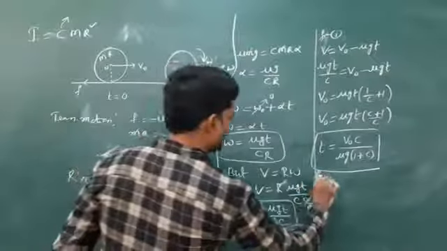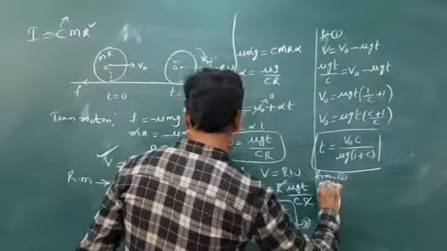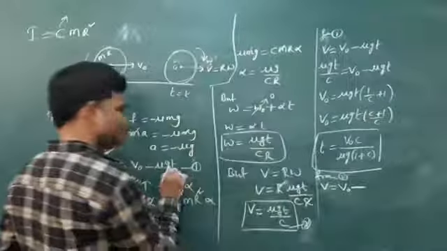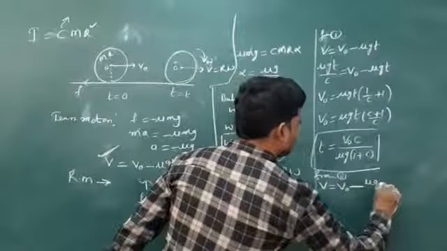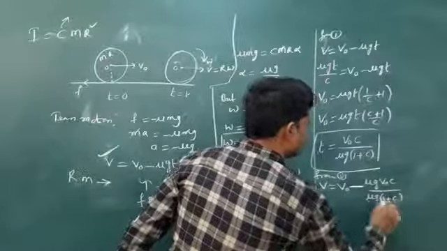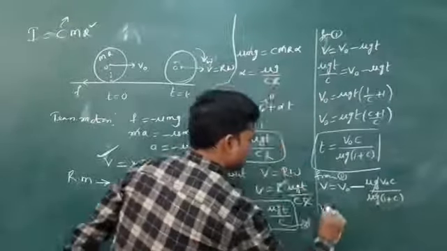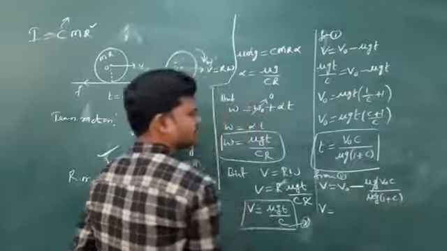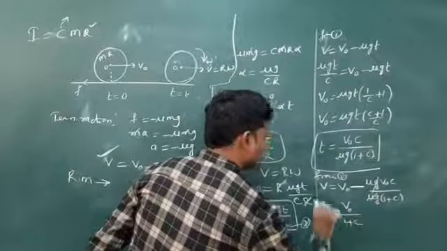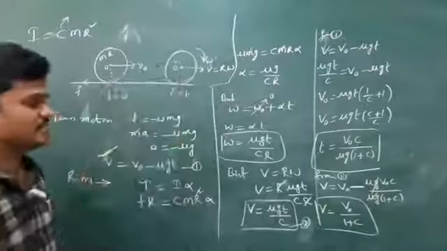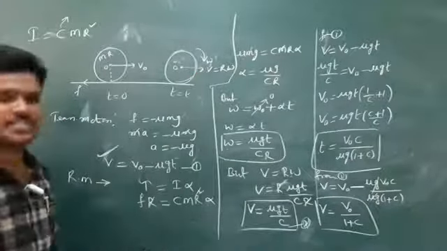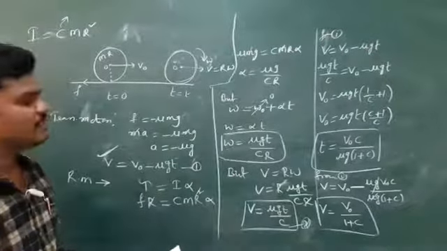From 1, v is equal to v naught minus μgt. Substituting t, μg gets cancelled, v is equal to v naught minus v naught c/(1+c), so v is v naught divided by (1+c). This is also one of the relations: v is the velocity after some time, v naught is the initial velocity, v = v naught/(1+c).